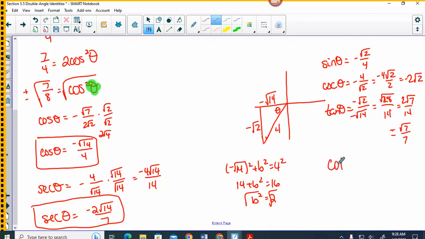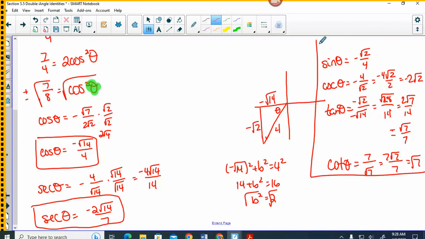And the final one, cotangent, is just the reciprocal of tangent. Is the square root of 7. So I asked for a little bit more on this problem than I'm going to ask you to do on homework, but it's good review, just talking about how we can use that triangle to find all of our values.